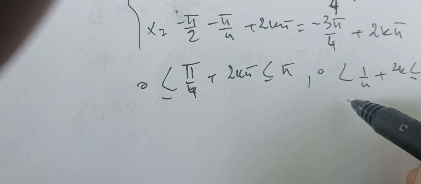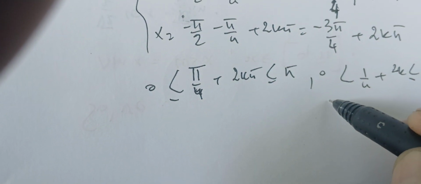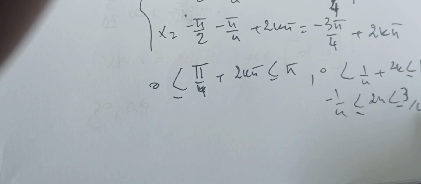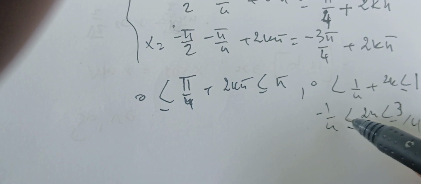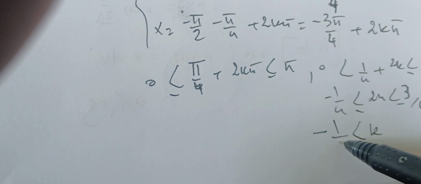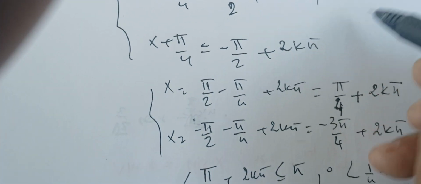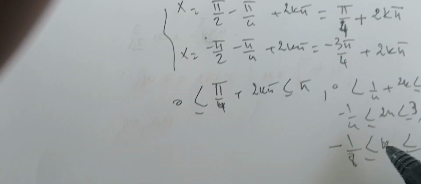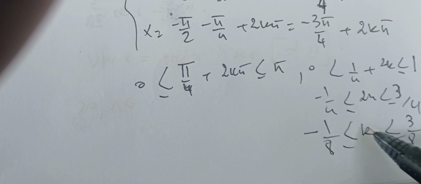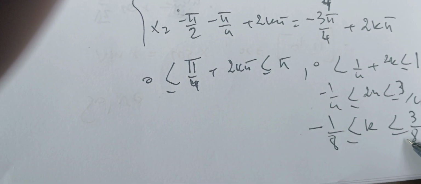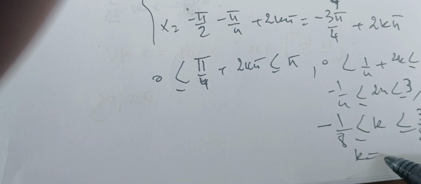If I simplify, I subtract 1/4, so 2k is between minus 1/4 and 3/4. This means that k is between minus 1/8 and 3/8. k is in Z, we need to add this condition here, that means it's a whole number. And which k in Z is between minus 1/8 and 3/8? The only case that we have is k is 0.